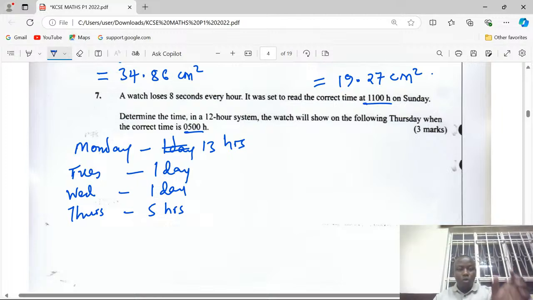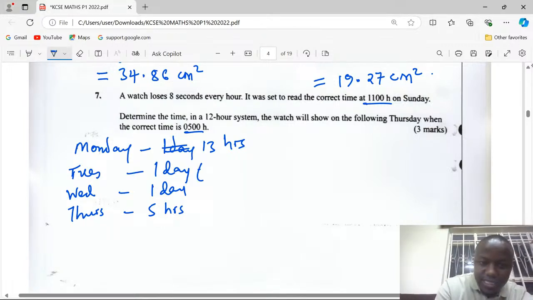Then for the whole of Monday up to Tuesday, there is 1 day. The whole of Tuesday up to Wednesday, there is another whole day. Then for Thursday, just 5 hours. It's good for you to know that these are 24 hours. These are also 24 hours.